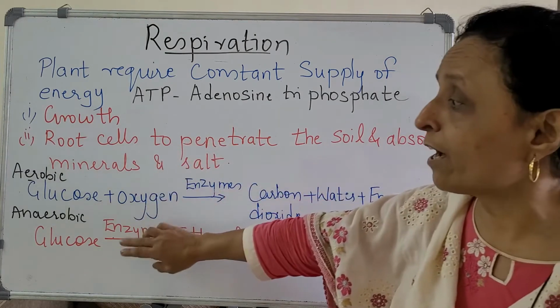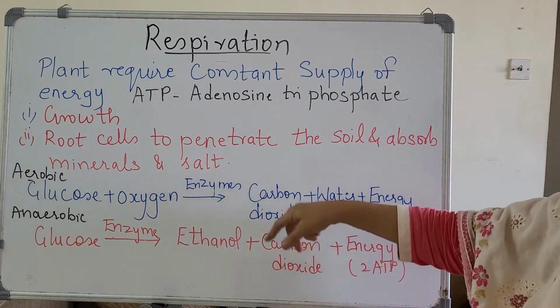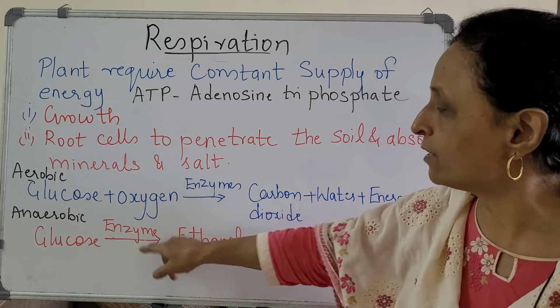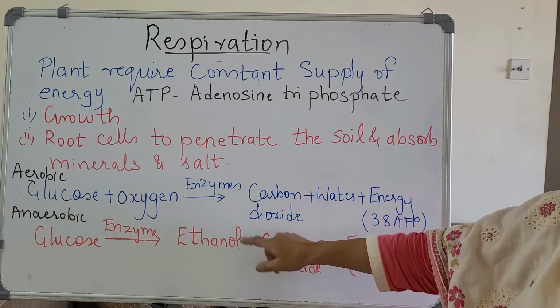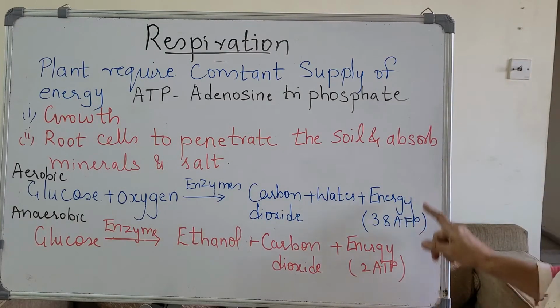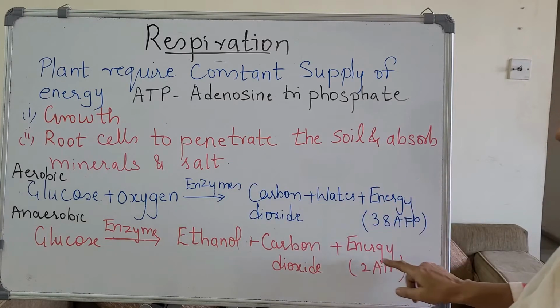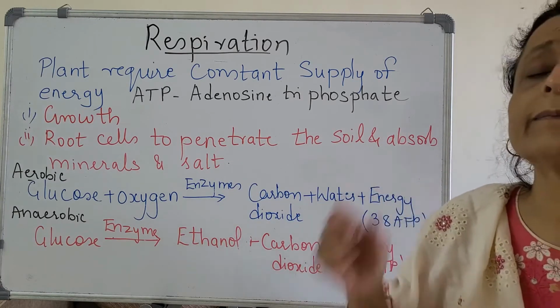And there are two types of respiration, aerobic and anaerobic. In aerobic, oxygen is required, in anaerobic no oxygen. Ethanol is produced in anaerobic, no ethanol in aerobic. And the main difference is the ATP, that is 38 ATP in aerobic and 2 ATP in anaerobic.